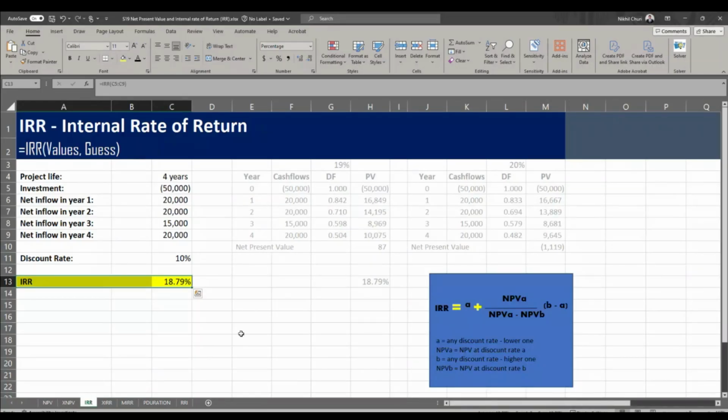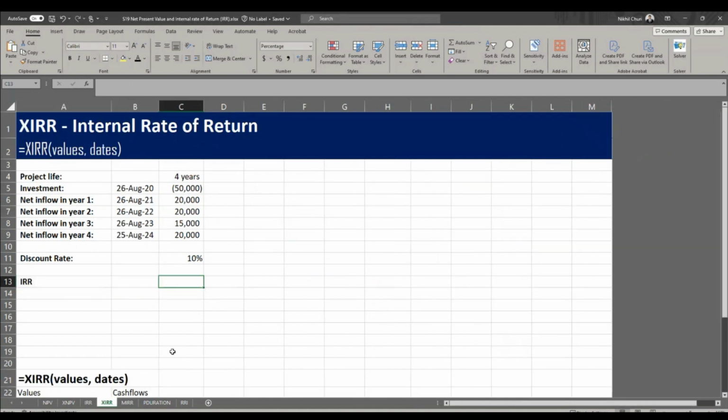So far, we have learned about the internal rate of return IRR formula in Excel. The next one is XIRR. Whatever limitations we had in IRR are corrected in the XIRR formula. In the standard IRR formula, Excel assumes that the cash flow happens at the very beginning of the year only.